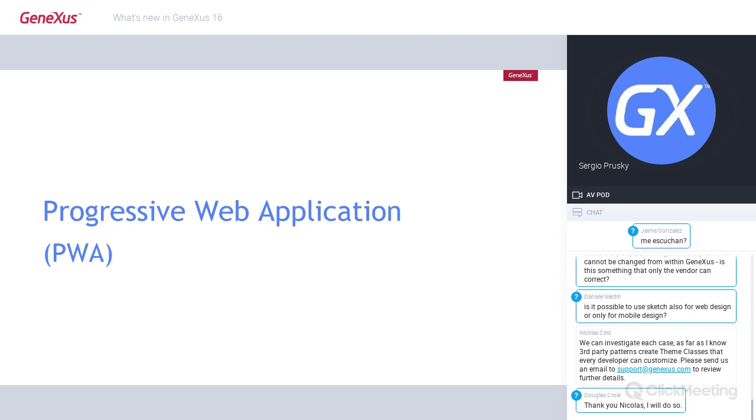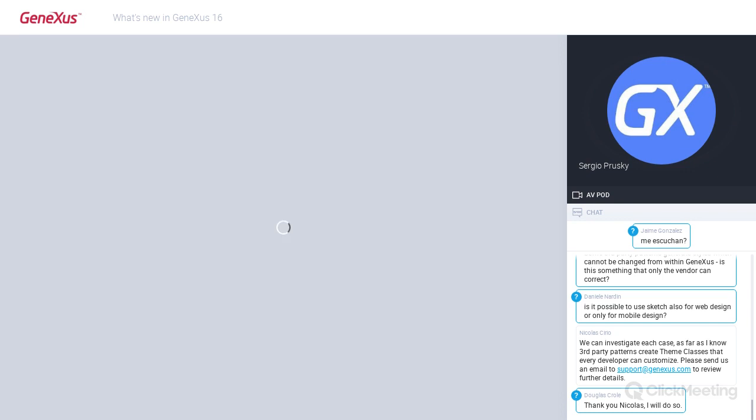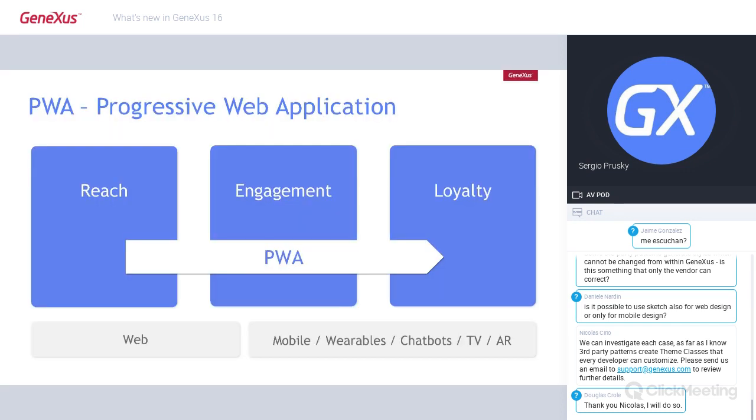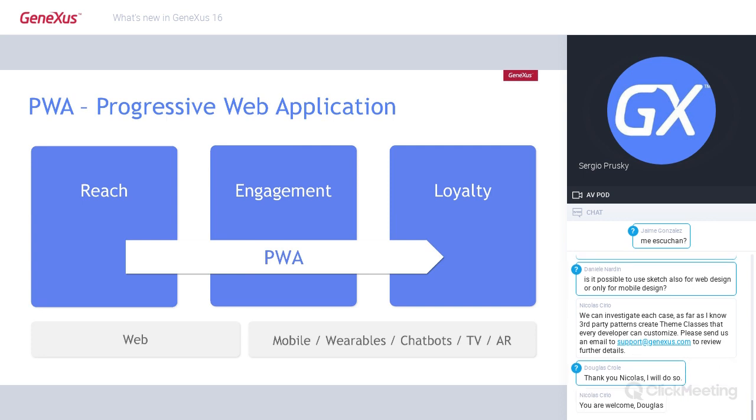Another thing that we have available now in GeneXus 16 is progressive web applications. Progressive web applications are basically web applications, but they share something with mobile apps. The idea is that you can bring some of the benefits of an app to a web page.